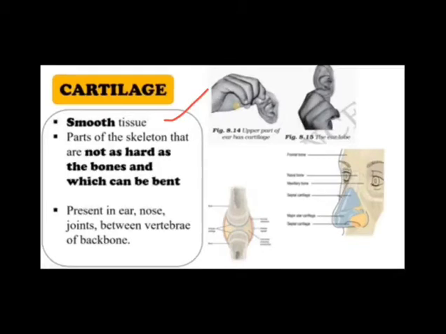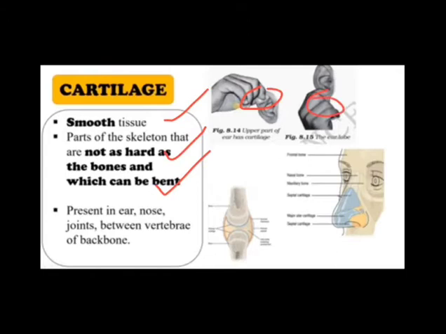They are basically the part of the skeleton that is not as hard as the bones and which can be bent also. If you try to touch the upper part of your ear, and then the lower part, you can see that there is a difference between the two parts.